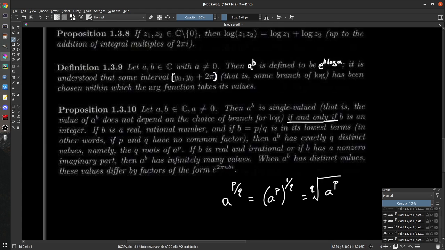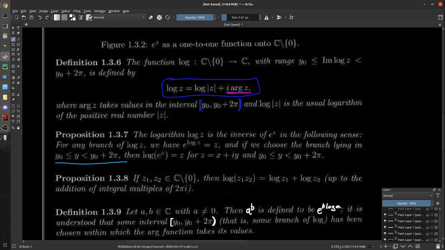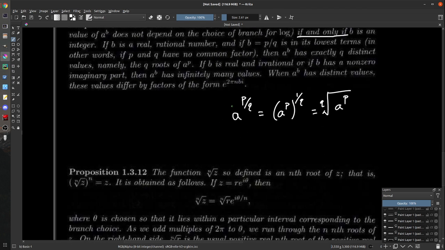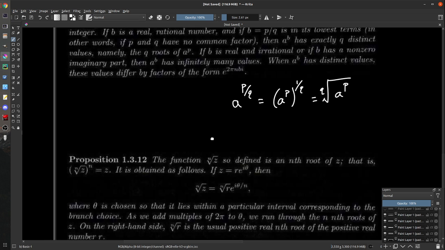Just like we're seeing right here, move over by a 2 pi, move over by 2 pi's, move over by 3 2 pi's, and so on and so on. And since where this is happening is up in the imaginary domain, of course, we're going to have this i factor in there.